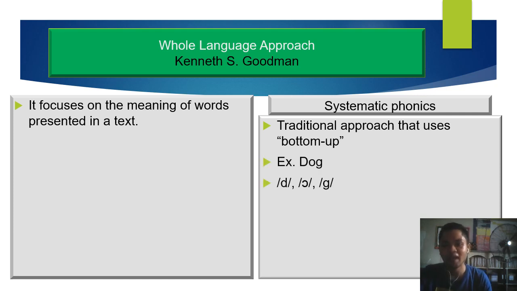So here we have the systematic phonics. This is the difference, or also known as synthetic systematic phonics. The traditional approach uses bottom up. It teaches the children the sounds in isolation and then coaches students to blend the sounds together.